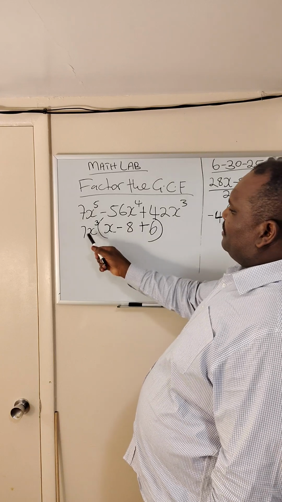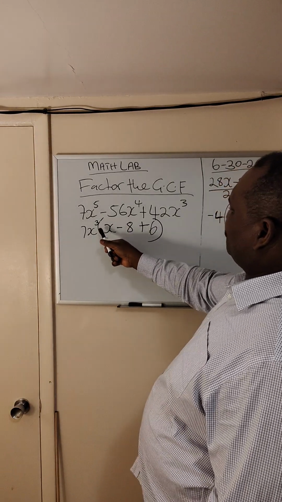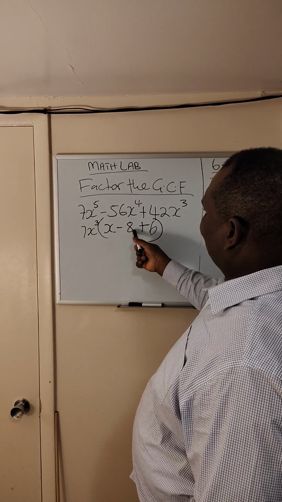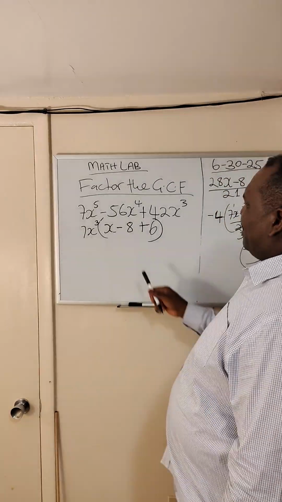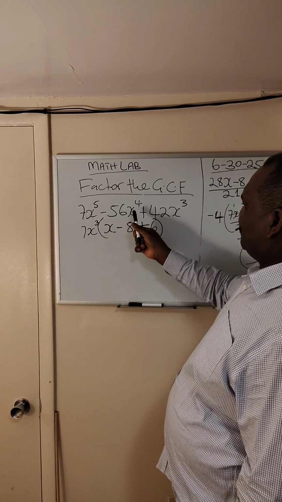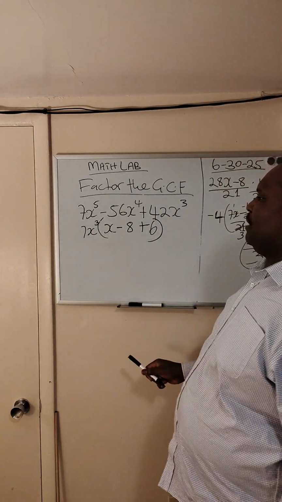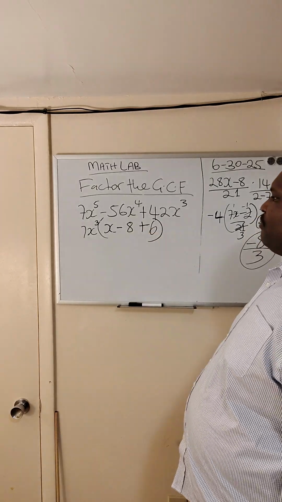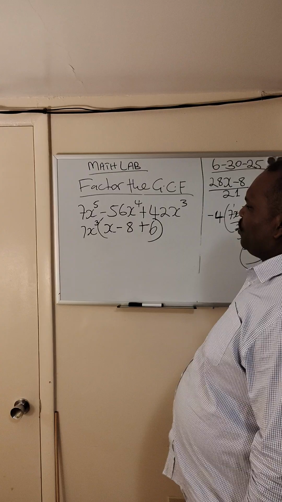So it's 7x raised to the power of 3 multiplied by 8 gives us 56x raised to the power of 4, because this x plus this x gives x to the power of 4. So that balances the equation right there.